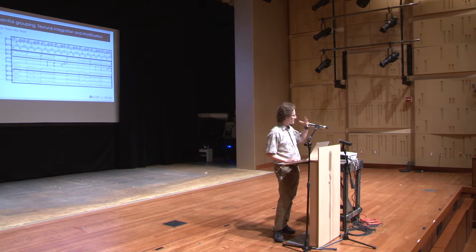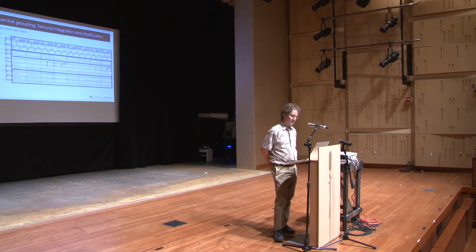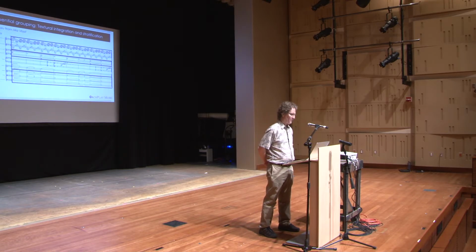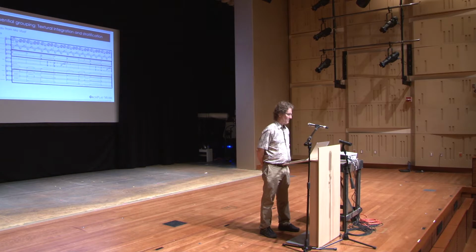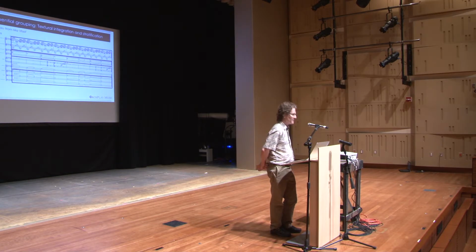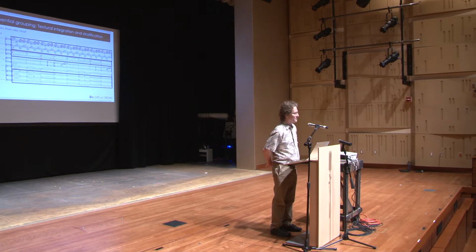I'll play the full context so you can see if you can track the different layers that are going on here. Foreground, middle ground, and background. Played the textural integration of flutes and clarinets.